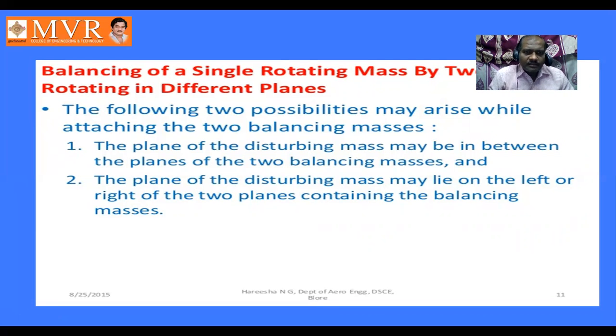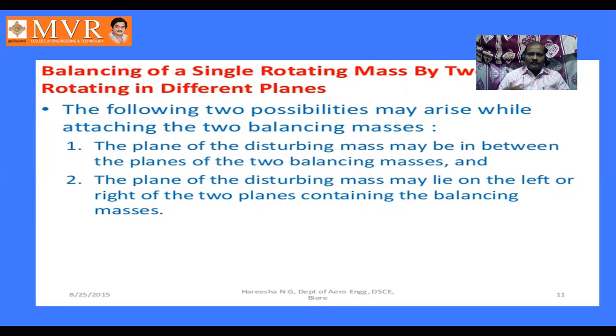Or the plane of the disturbing mass may lie on the left or right of the two planes containing the balancing masses.